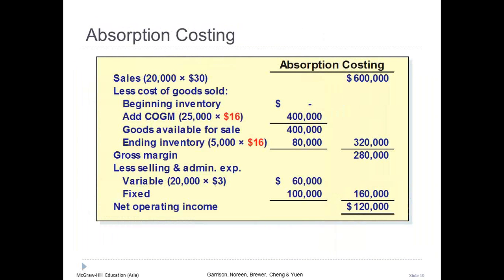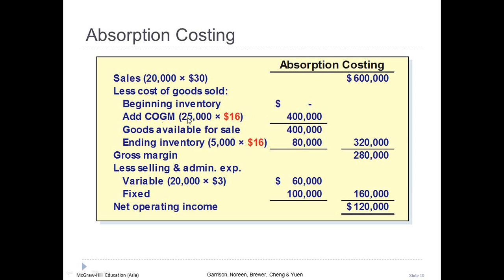Under absorption costing, we start always the same. Here's your P&L. Sales on top, 20,000 units were sold, $30 a piece, gives you $600,000 in sales. Now, let's subtract, again, absorption costing, full cost method, beginning inventory at 0, add the cost of goods manufactured.